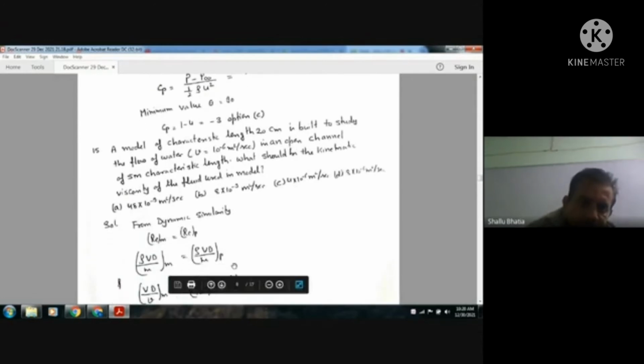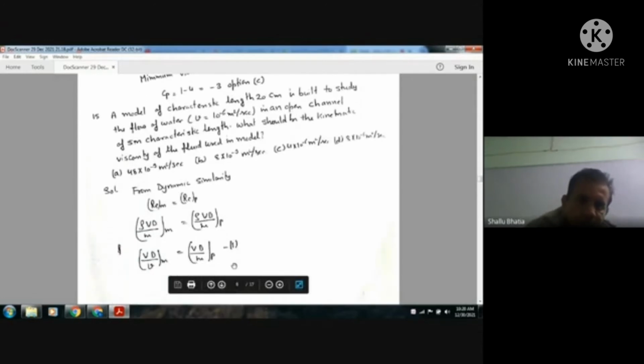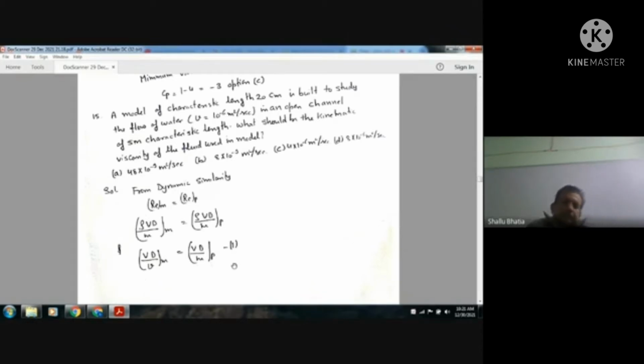Next, a model of characteristic length 20 centimeter is built to study the flow of water, with nu equal to 10 power minus 6 meter square per second, in an open channel of 5 meter characteristic length.